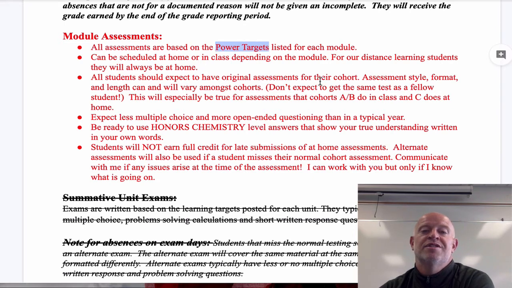I'm assessing you for the same amount of learning and knowledge. But especially this year, you may not be getting the exact same test. Okay, that's especially true if I do an in-class assessment for cohorts A and B, and C takes it at home. Cohorts A and B, I have much more control over your resources than I do cohort C. So I will give you a different style of test accordingly. Okay.